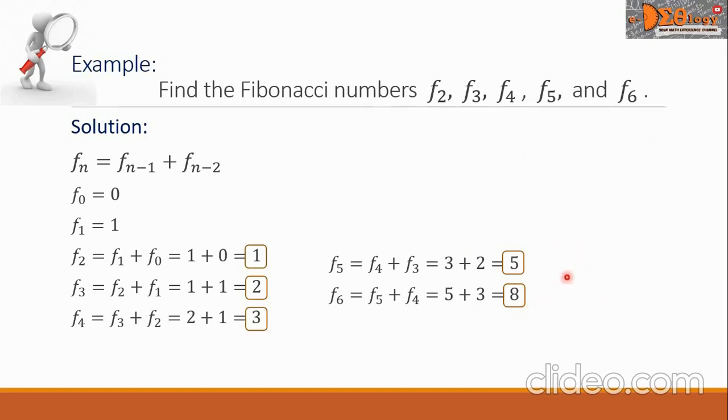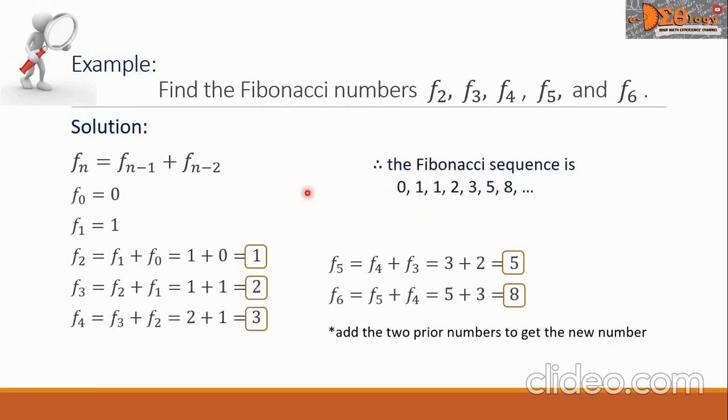I hope you see the pattern for this Fibonacci sequence. And that is, we add the two prior numbers to get the new number. Therefore, the Fibonacci sequence is starting from 0, 1, 1, 2, 3, 5, 8, and so on.